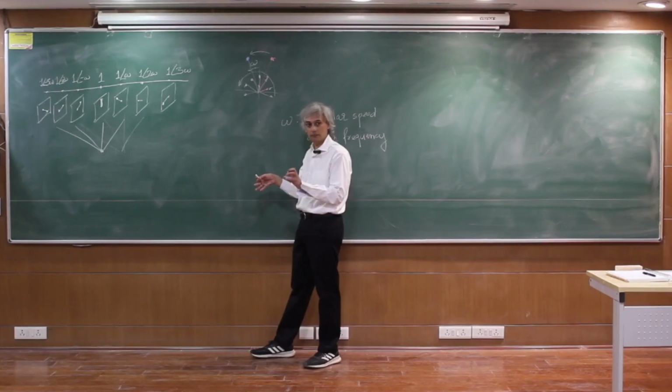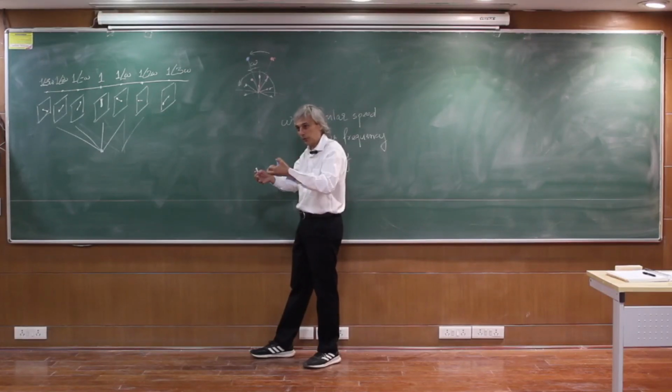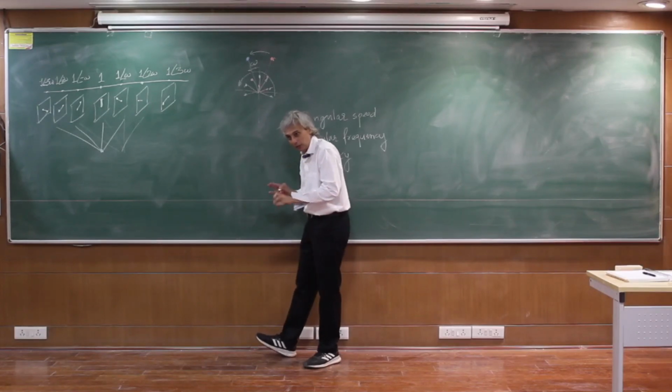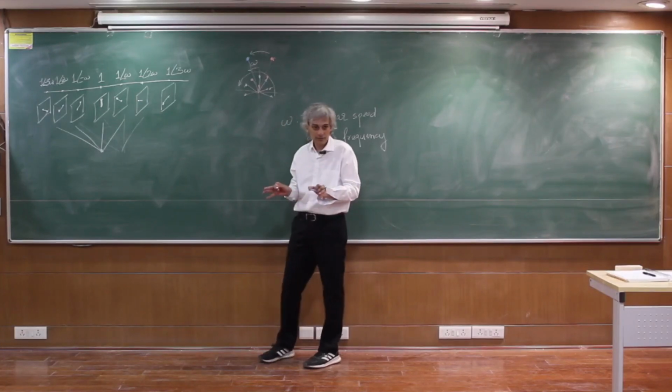But what can they not change? Frequency. Omega cannot change. You put in a spiral of a particular omega, you are going to get out a spiral of the same omega, same frequency. But it could be at a different amplitude and different phase.